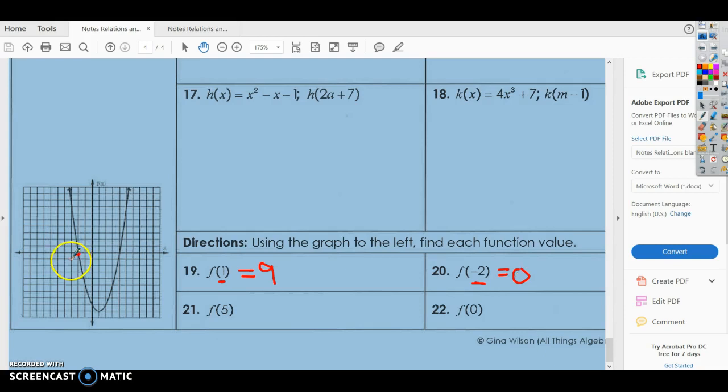And if I go over to 5, so I'm going to scroll over 1, 2, 3, 4, 5, and I'm going to go up here, and whatever that point is, that would be my answer there. And if it's 0, so when x is 0, I come down here and I figure out what that point is. So I believe that is negative 8, and I believe this one is 6.